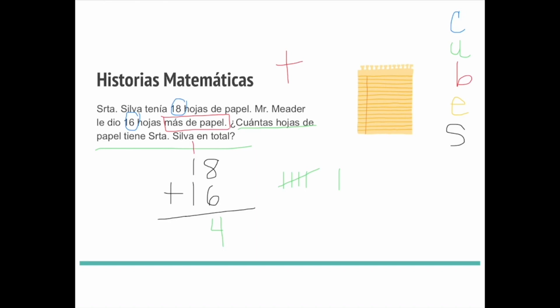Ahora tenemos 3 decenas. 1 más 1 más 1 es 3. 18 más 16 es igual a 34. Señorita Silva tiene 34 hojas de papel.